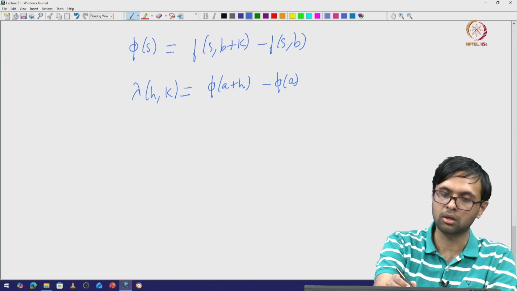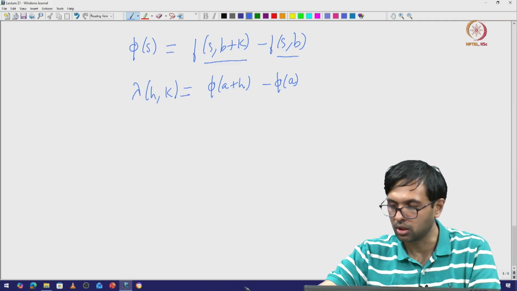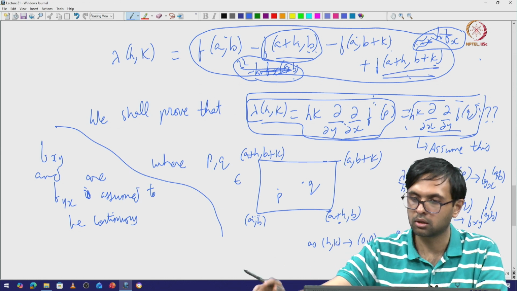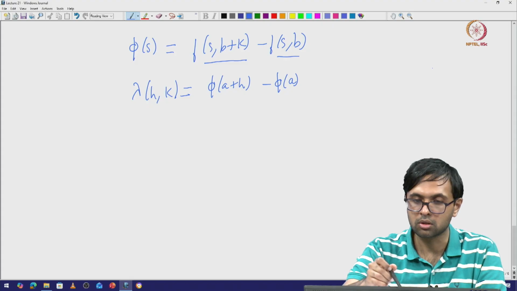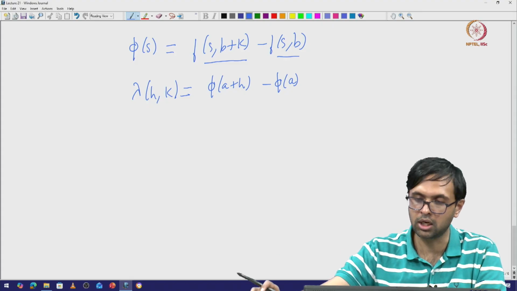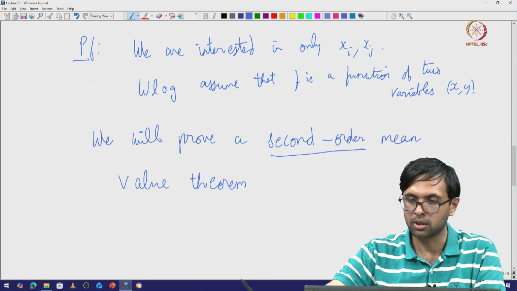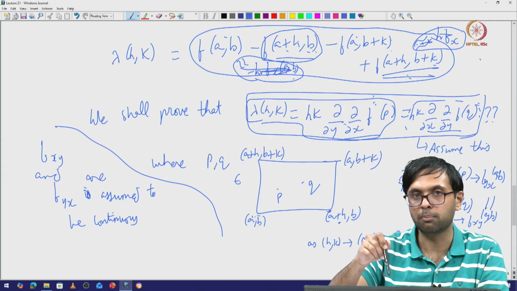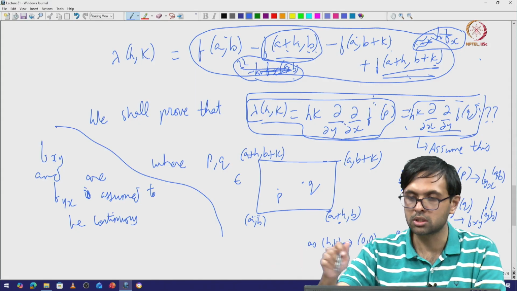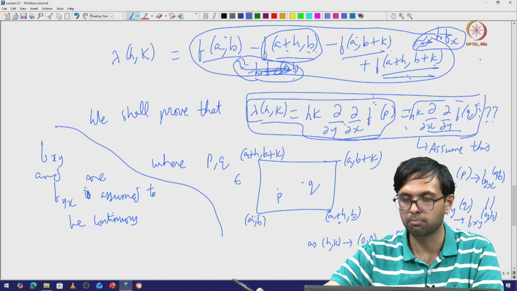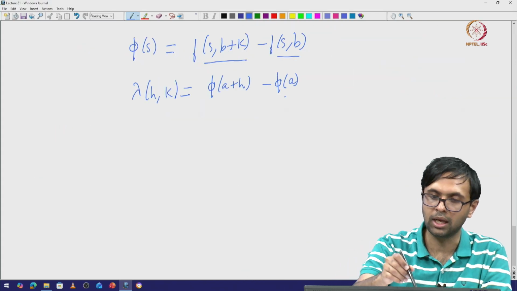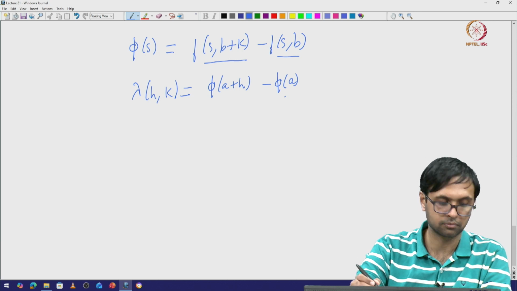Because that would mean it's f of a plus h comma b plus k minus f of a plus h comma b. That is phi of a plus h. What is phi of a? Phi of a is simply f of a comma b plus k minus f of a comma b, right?